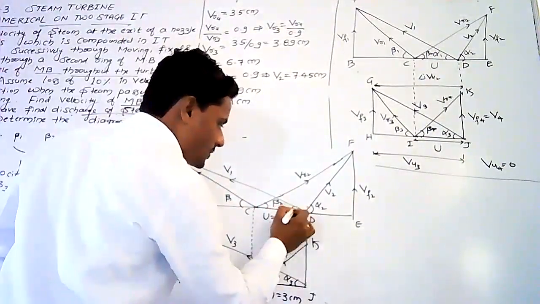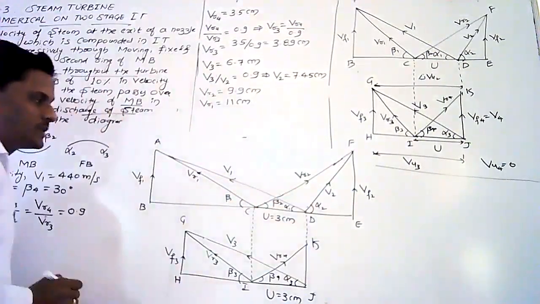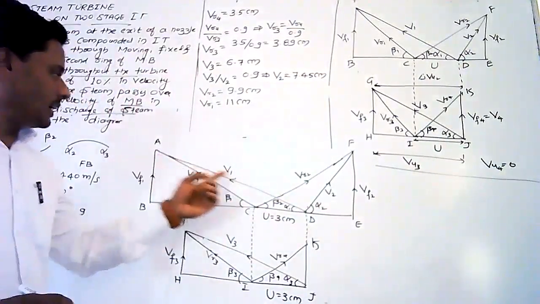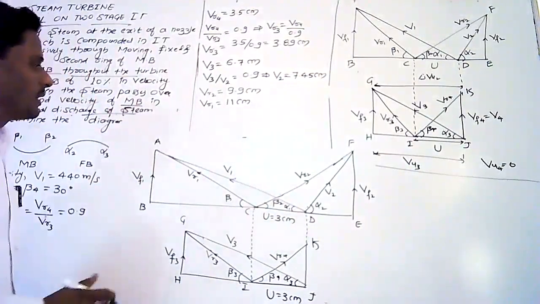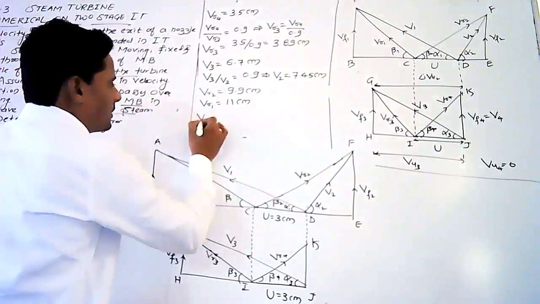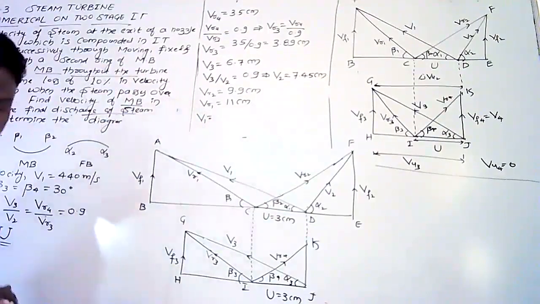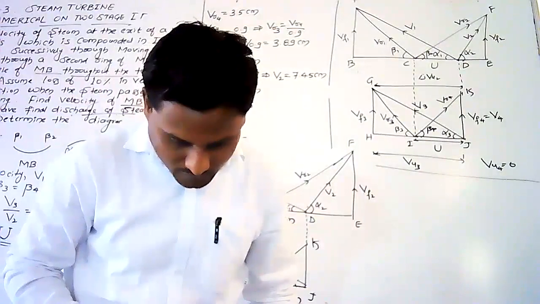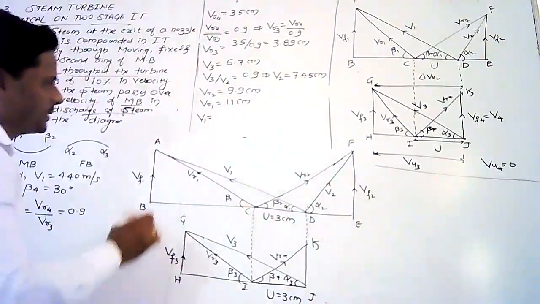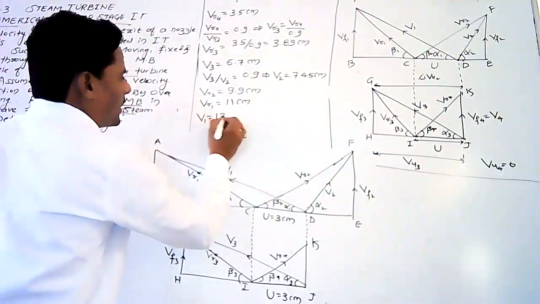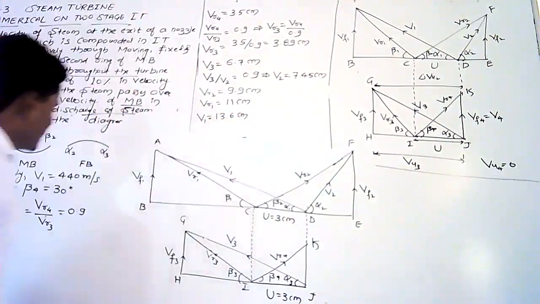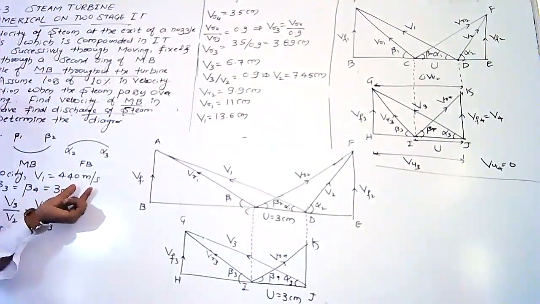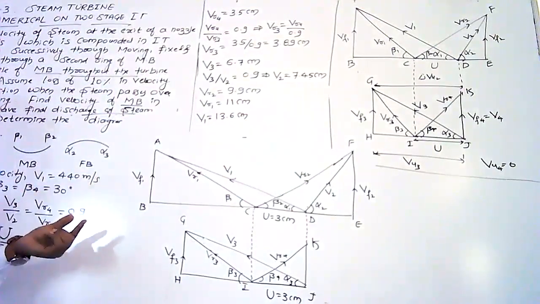We'll get the exact location of all the points as per the dimensions if we use the geometry box. So we got the line V1. Now measure the length of V1. The expected value for V1 is 13.6 centimeters. You know the velocity V1 is 440 meter per second.